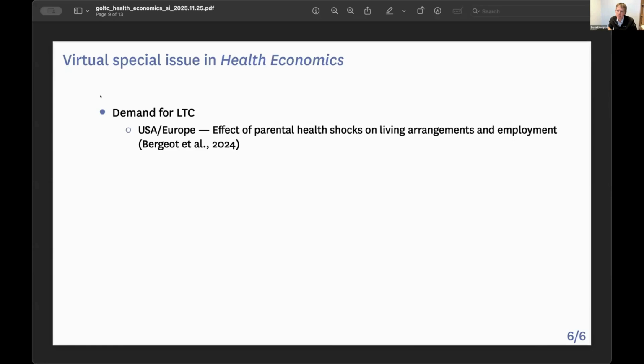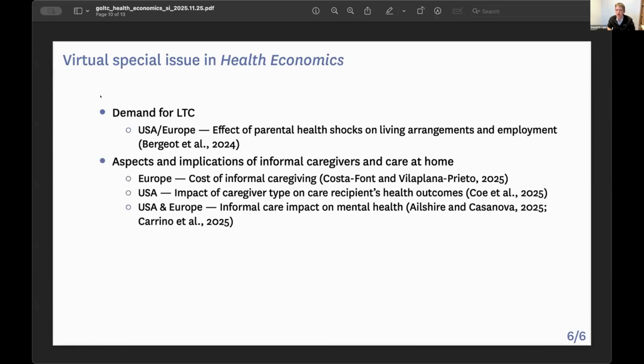Another set of articles in the special issue really focuses on aspects and implications of informal caregivers and care at home. So in the European context, Joan Costa-Font and Cristina Vilaplana Prieto wrote a paper that investigated the cost of unpaid caregiving by friends and families. What was really nice about this paper, amongst many other things, was that the authors reviewed alternative methods for estimating the value of unpaid caregiving.